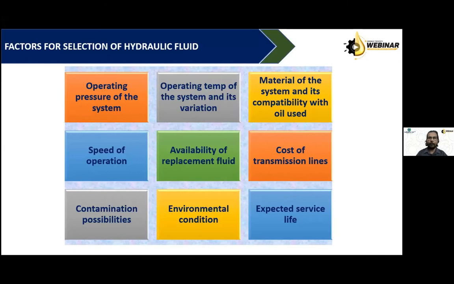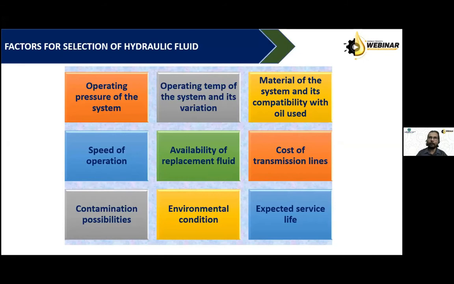Then compatibility of the oil. If oil is not compatible with its application side, that may be seals, hoses, valve. Suppose if we talk about the phosphate ester oil, they are very reactive in nature.